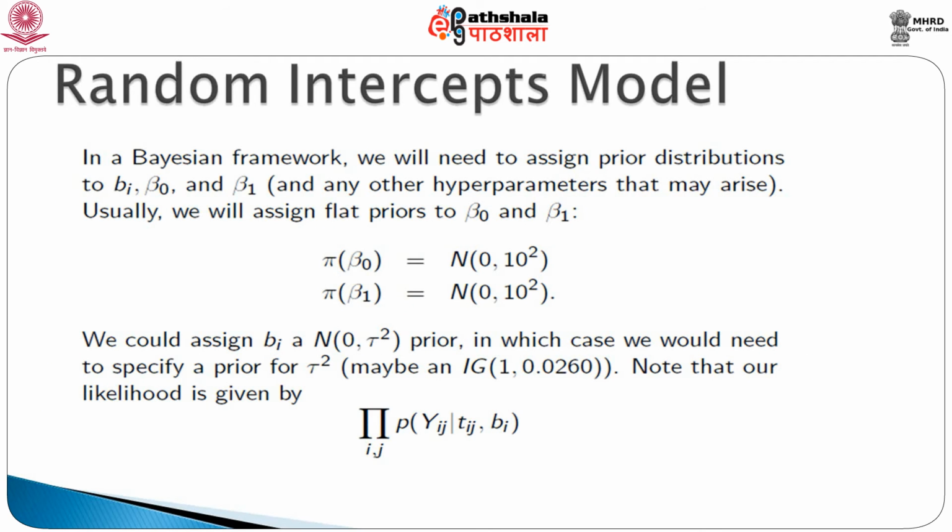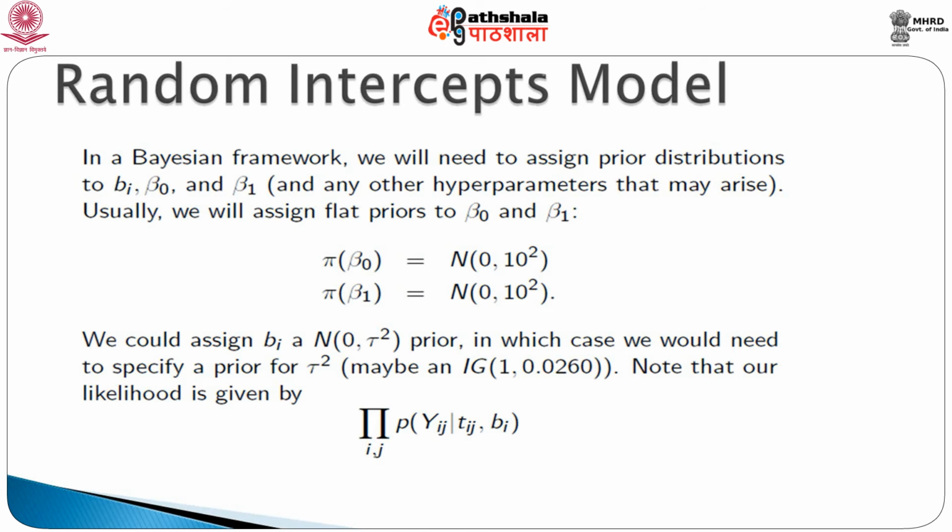In a Bayesian framework, we need to assign prior distributions to bi, the structural prior, and then to beta naught and beta 1 and any other hyperparameters that may arise in the model. We assume flat priors for beta naught and beta 1: in both cases we assume the prior to be normal(0, 10 squared).